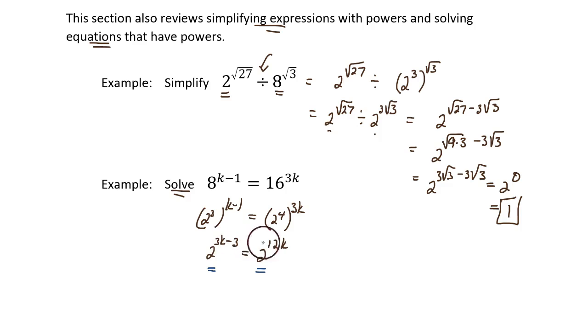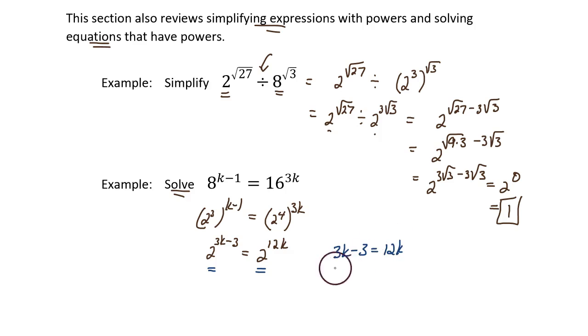So what must be true about the exponents? They have to be equal. So we can say that 3k minus 3 is equal to 12k. I'm taking the exponent on the left side and saying that it's equal to the exponent on the right side. But I only did that when I had the same bases.